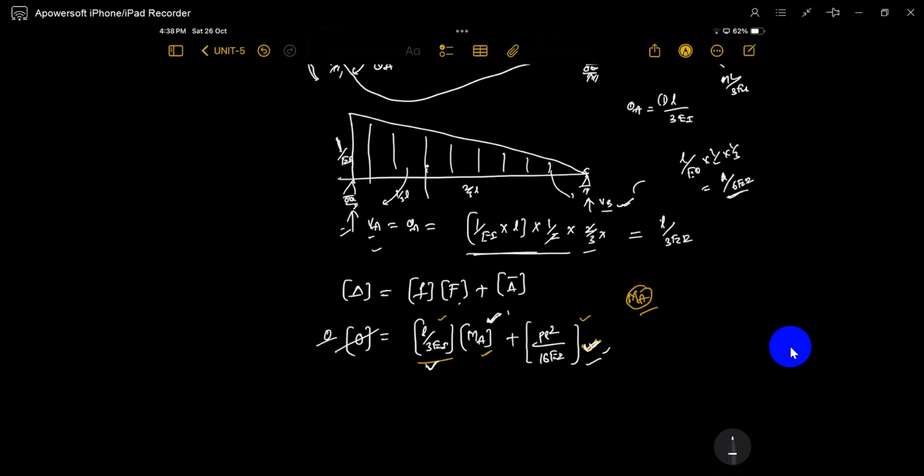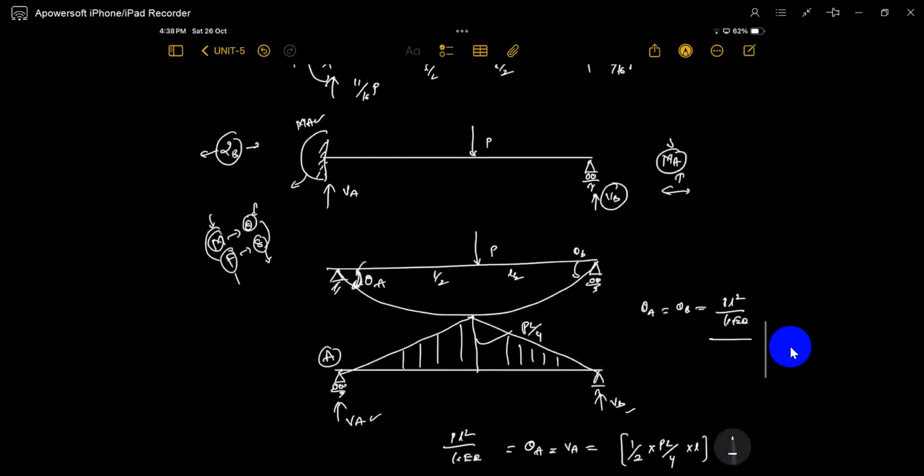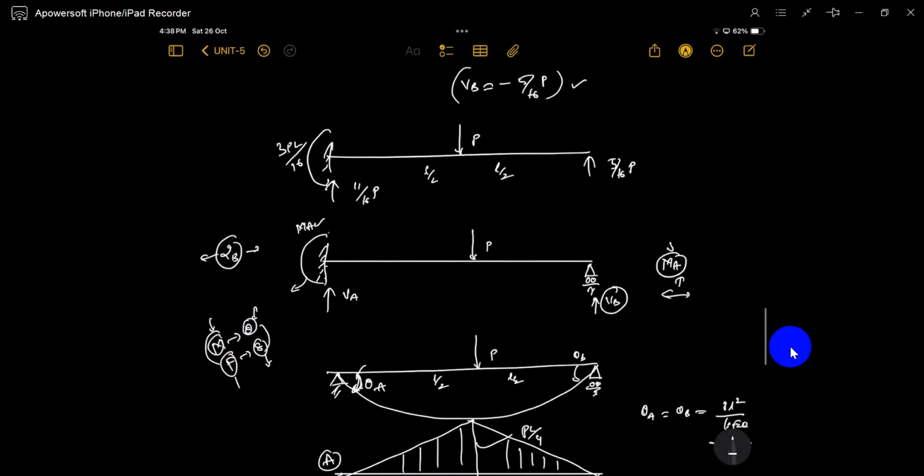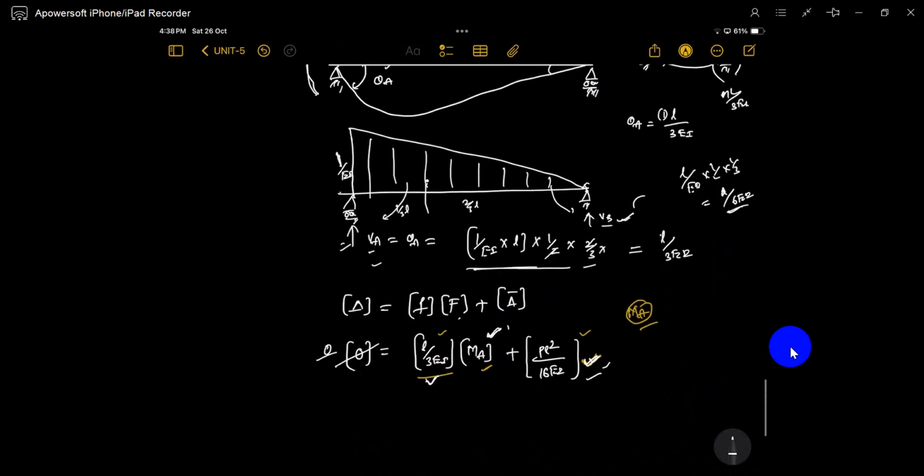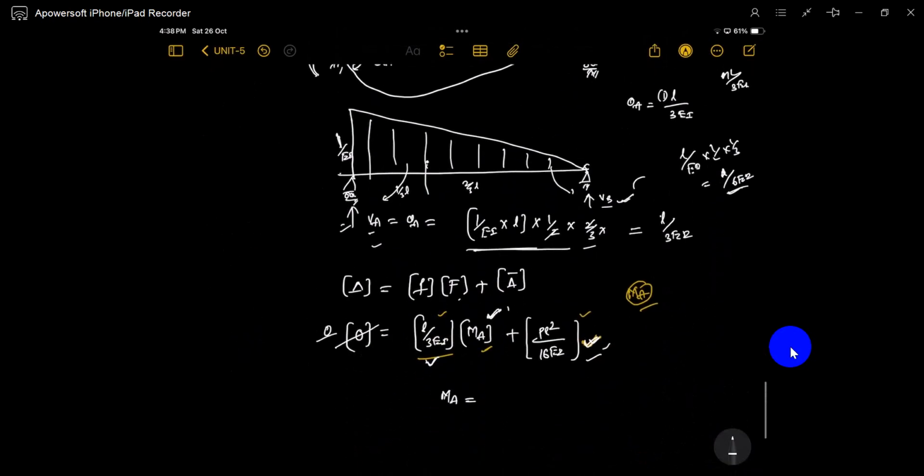Final rotation is 0. You know it, no? The final rotation at this location, theta A, is 0. That's it, so solve it. You will get MA equal to minus 3PL by 16. So what is the meaning of minus?